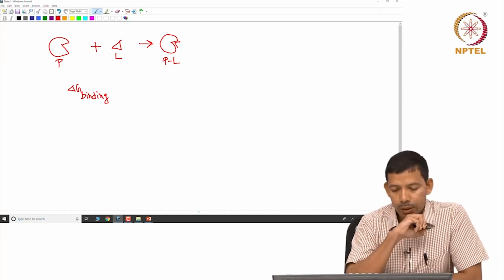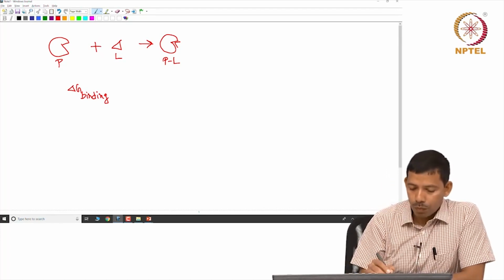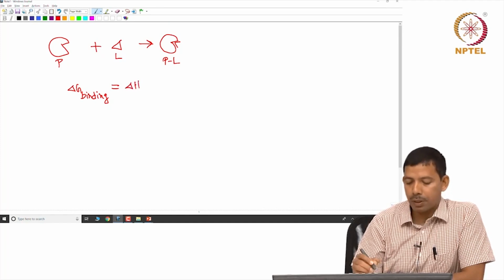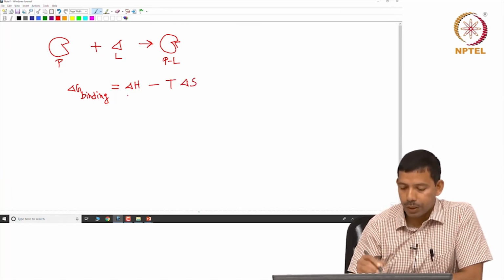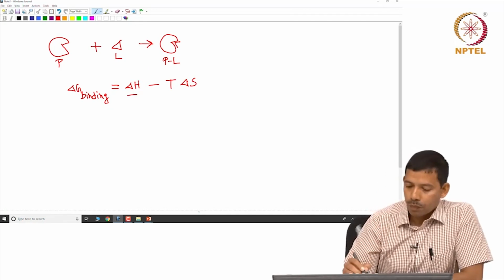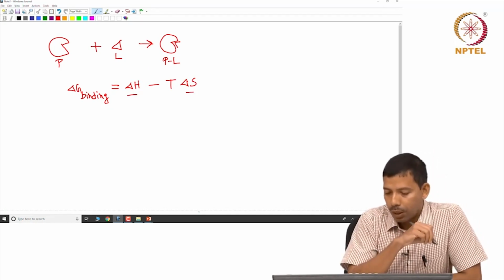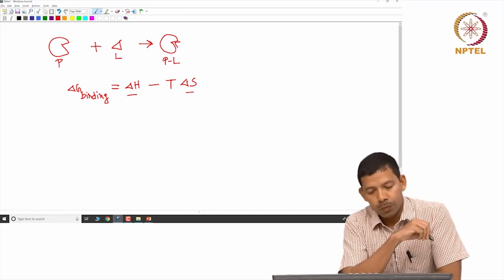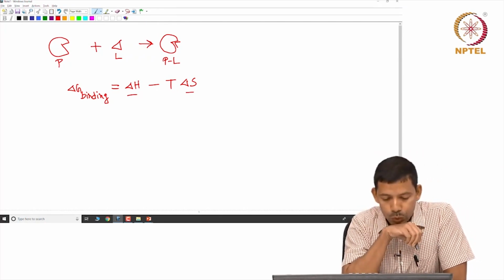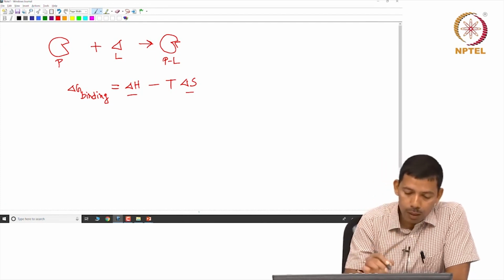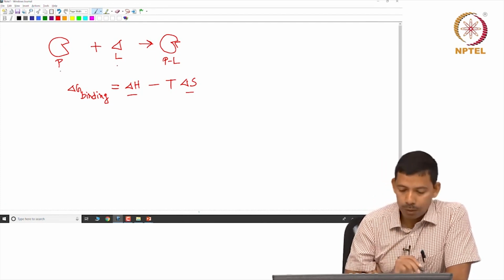This delta G binding you will get from the thermodynamic expression delta H minus T delta S, where delta H is the change in enthalpy and delta S is the change in entropy. This is the thermodynamic relation to get the change in free energy due to the binding of the ligand to the protein.